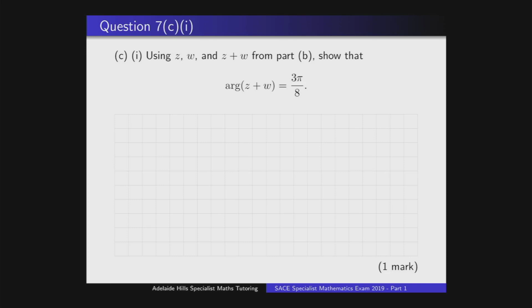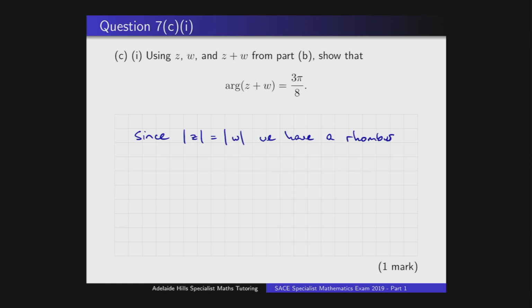Now, using zw and z plus w from part B, we want to show that the arg of z plus w is 3 pi over 8. Since the modulus of z equals the modulus of w, and remember they're both equal to 1, we have a rhombus.